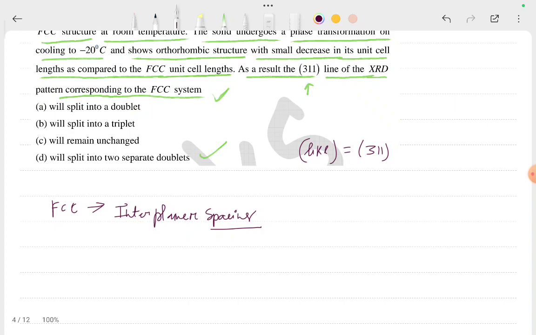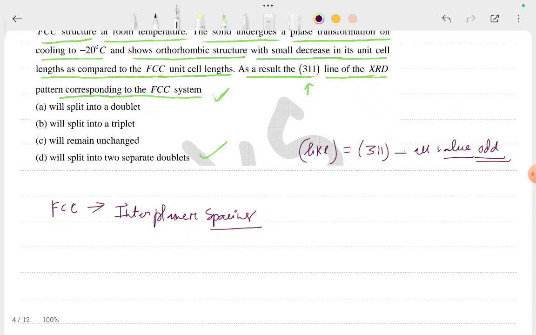What are the rules for FCC structures? We already know HKL values are either all odd or all even. Here all HKL values are 311, which means all odd, right? So if all values are odd, then when we calculate interplanar spacing, we do not multiply with the factor half. It is just the usual mathematical form of interplanar spacing. All values are odd.